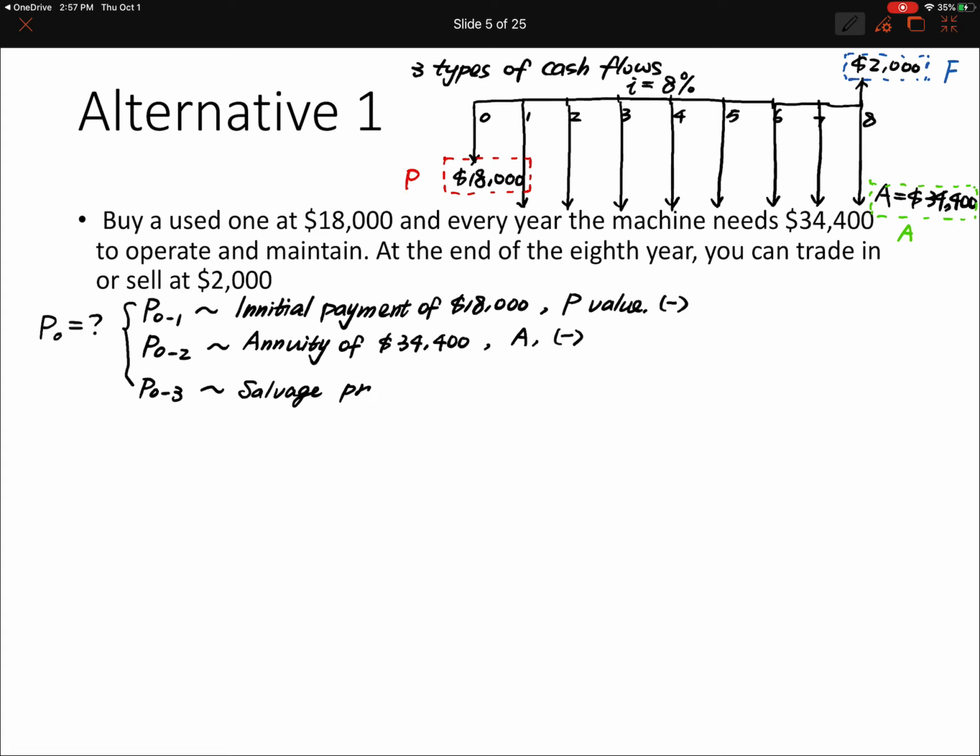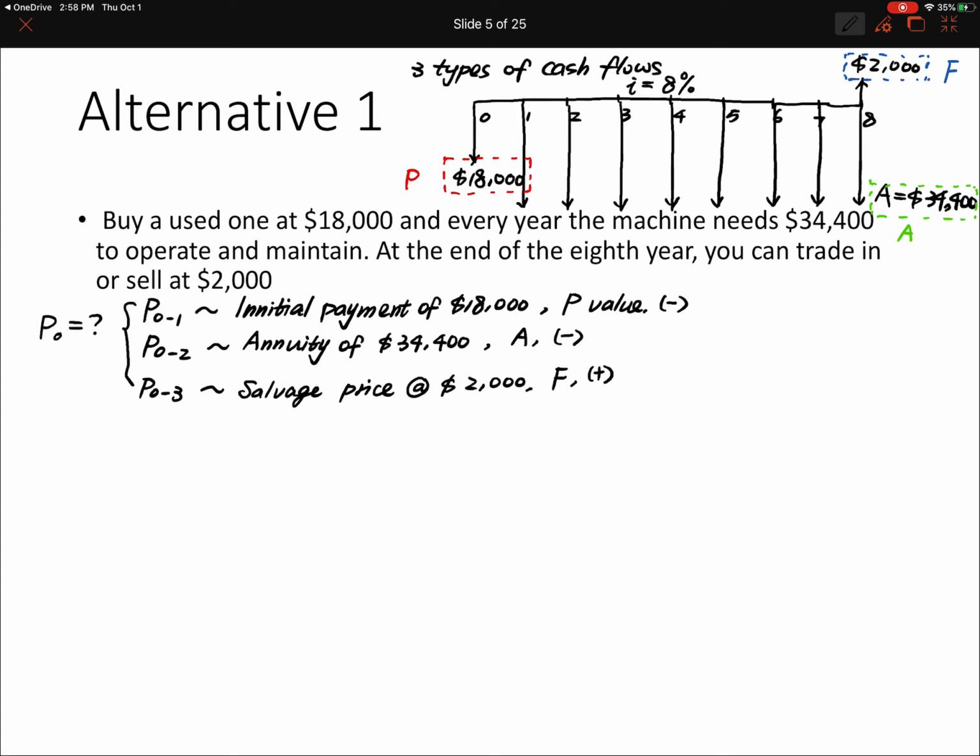That is the salvage price at 2000. And we said what type is it? It is a future value. And it is a receiving, so it's a positive. Okay? So now you have 3 parts.